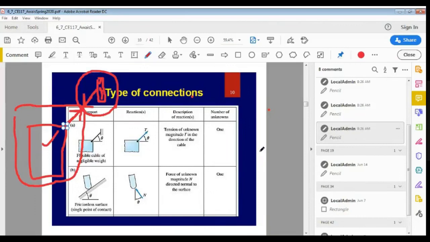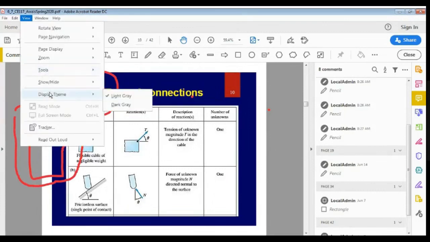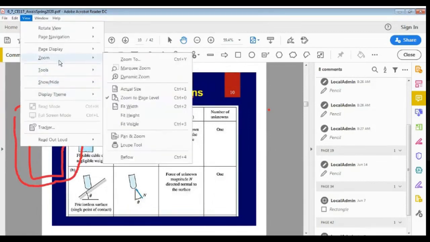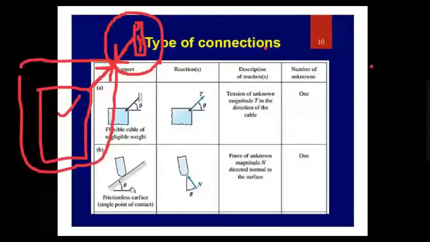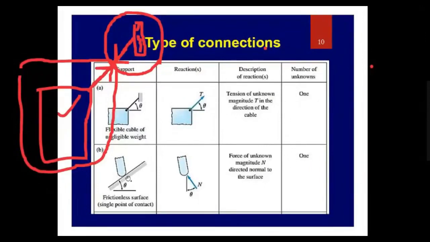Let's look into another example. Let's say this body is supported by this surface which is inclined at an angle of theta. So if I am interested to draw the free body diagram of this part of the body, I have to remove this surface to which it is supported.